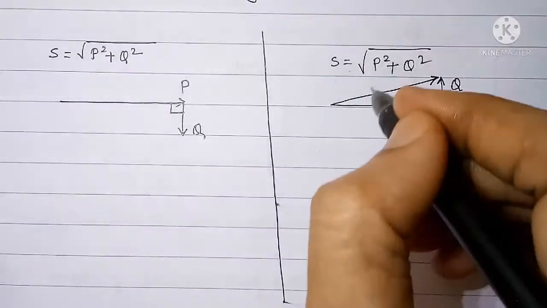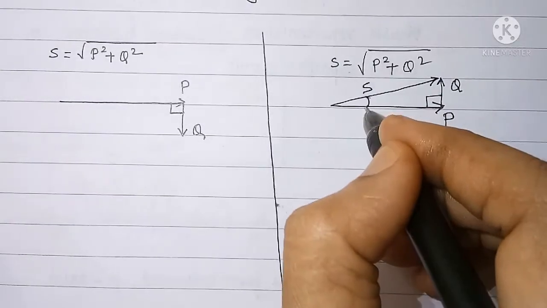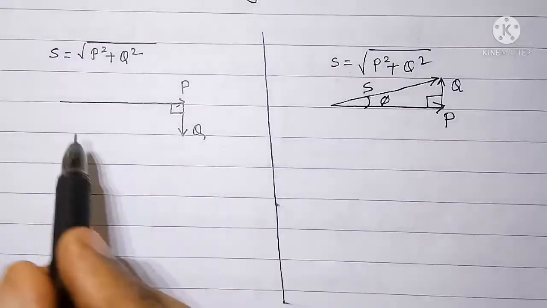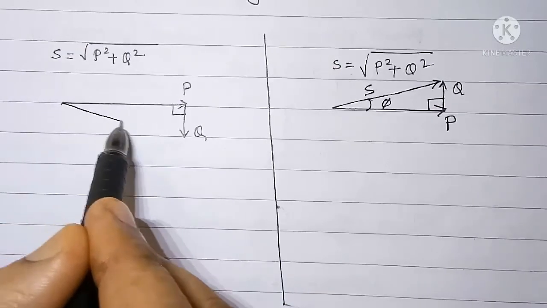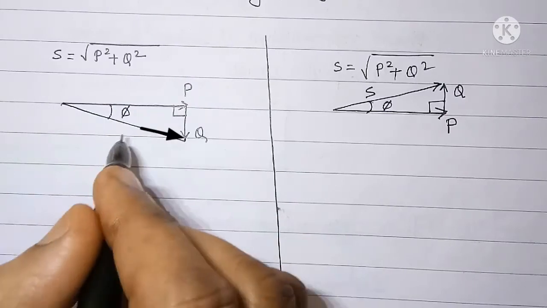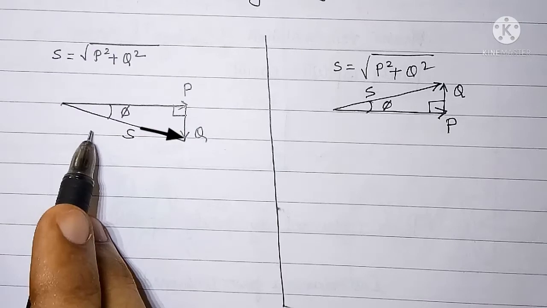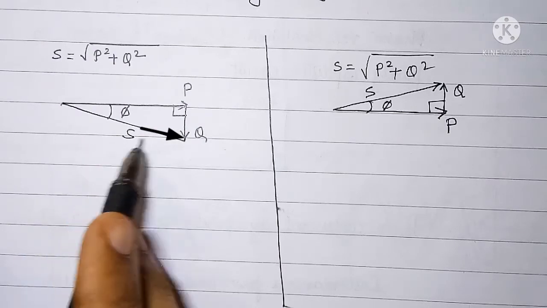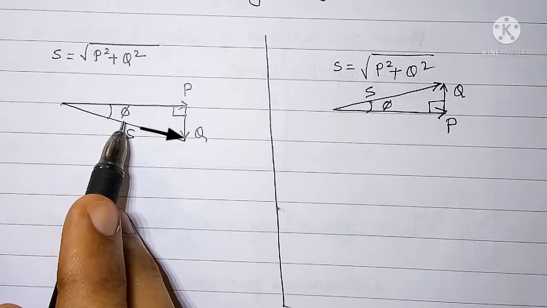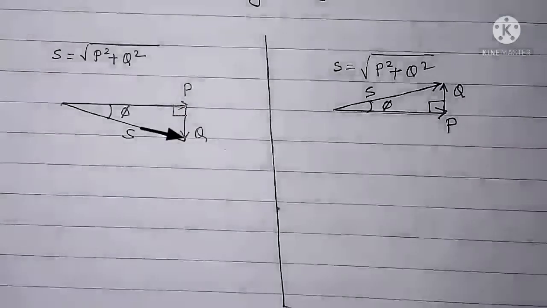The hypotenuse now becomes apparent power and is at phi degrees to P. In case of inductive circuit also, S is hypotenuse and it is at phi degrees to real power P.